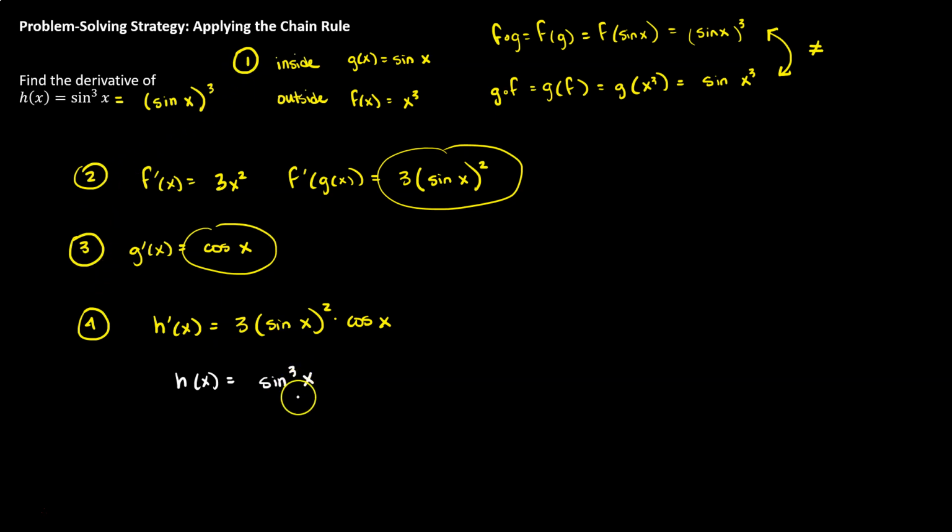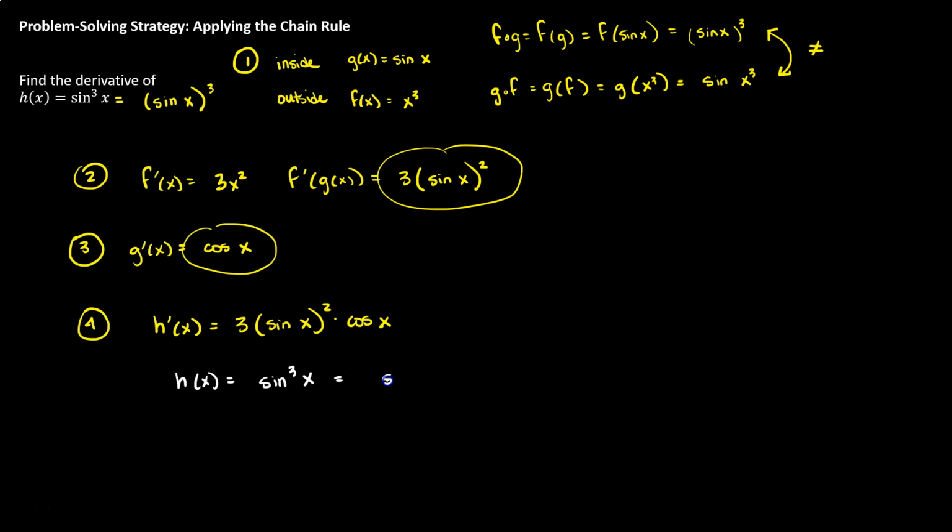With practice, you'll start to see the inside and outside function without having to write it out and without having to check it. Now don't rush yourself through that practice. It's very important to practice, and once you start to get it very quickly, you can skip writing down step 1, and you can jump to step 2. And you can even do step 2 without writing a lot down.